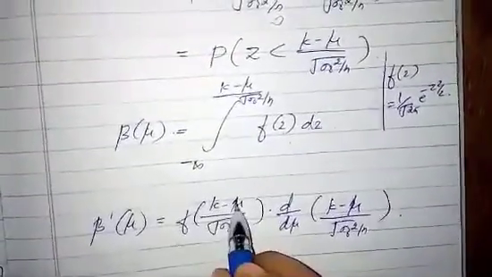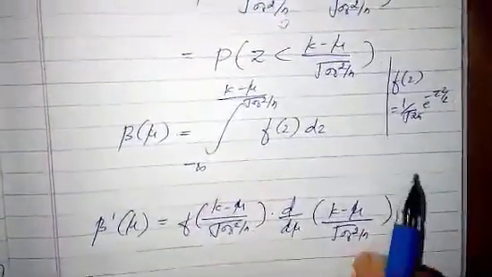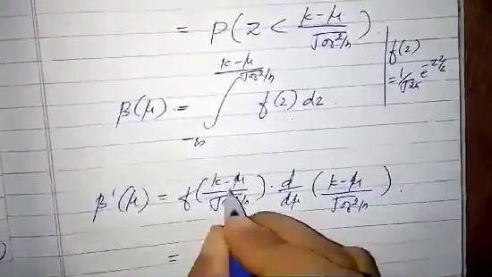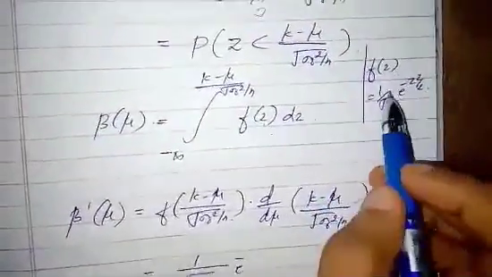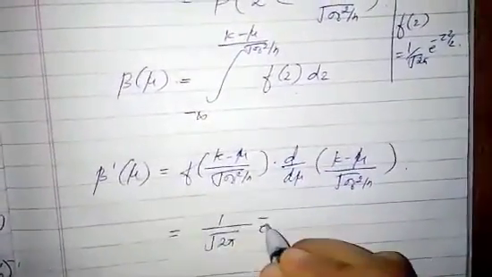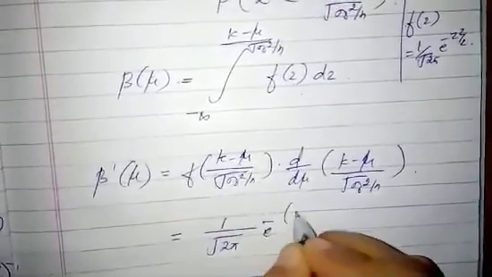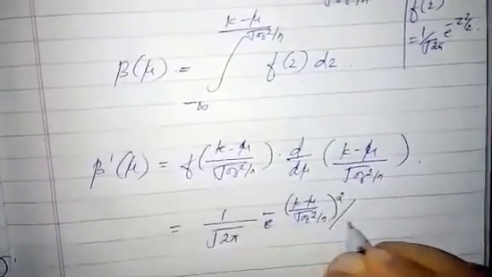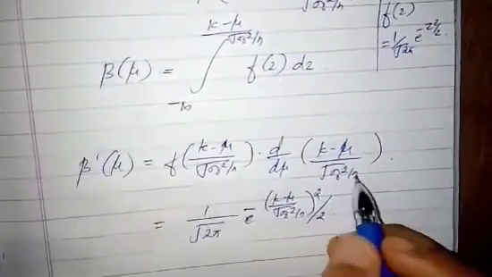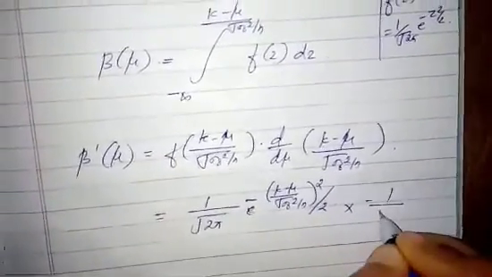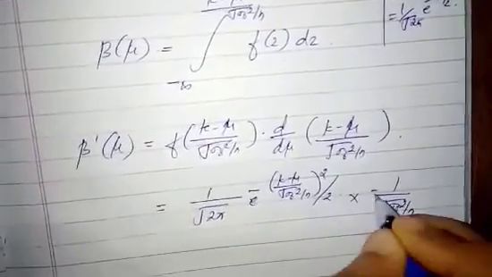Here f of k minus mu divided by square root of sigma naught square divided by n equals 1 by square root of 2 pi e power minus z square divided by 2, since f of z equals 1 by square root of 2 pi e power minus z square divided by 2. In the place of z we can substitute this value, that is e power minus k minus mu divided by square root of sigma naught square divided by n whole squared, divided by 2. Then differentiation of this part gives into minus 1 by square root of sigma naught square divided by n.